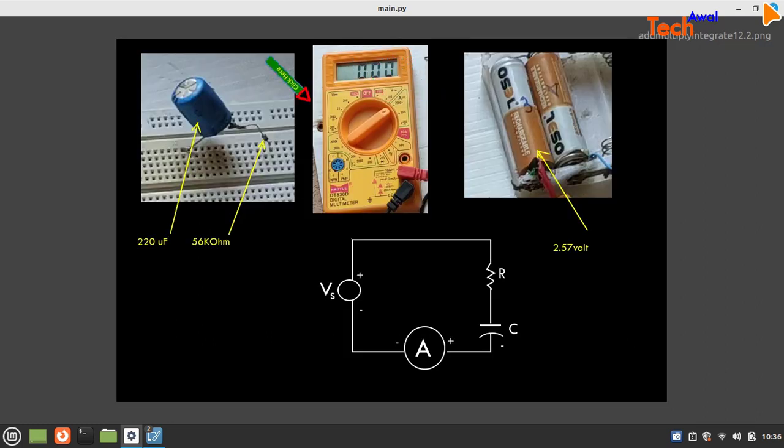We have taken a capacitance of 220 microfarad and connected a resistor of 56 kilo ohm, and the voltage is 2.57 volt. This is the circuit we have connected, where the ammeter is connected to the voltage source like this, and then the capacitance and resistance are connected like this.